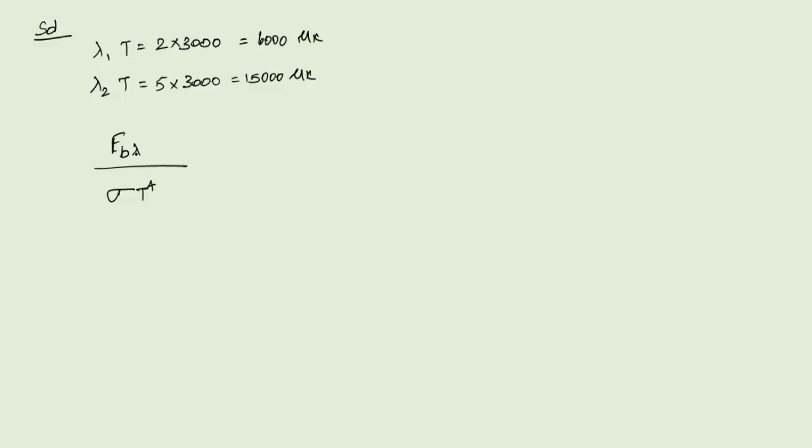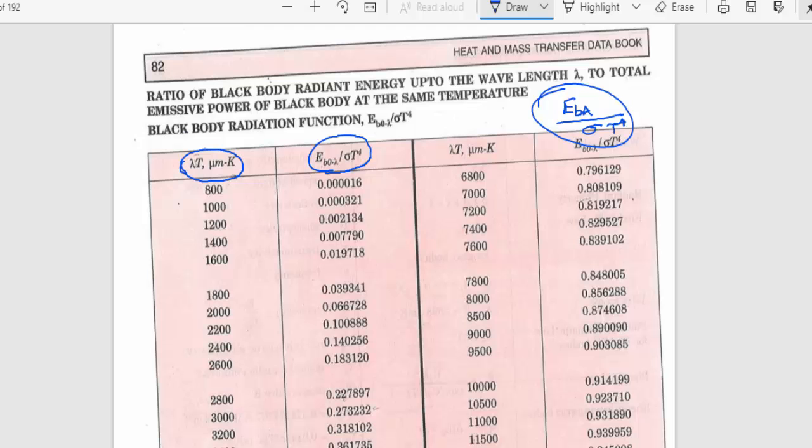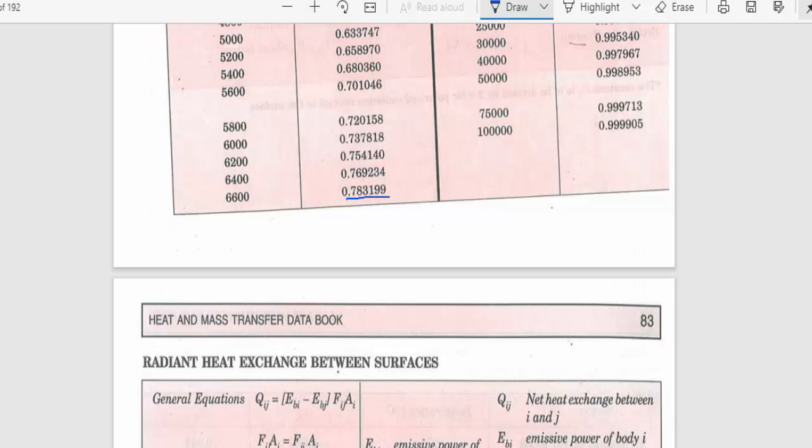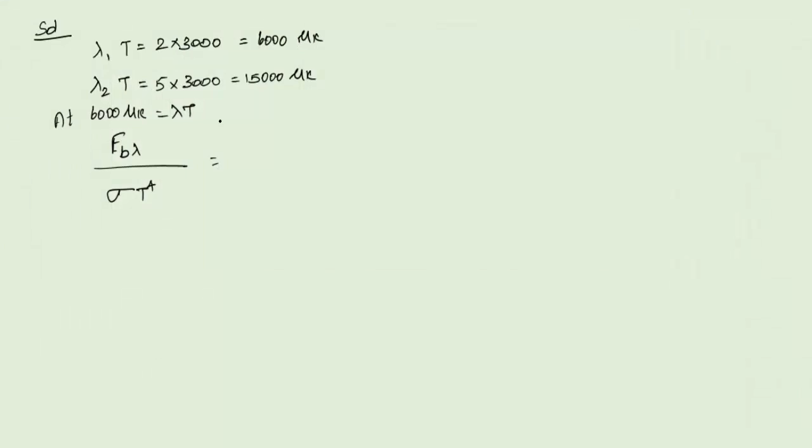So at lambda T equal to 6000 micron Kelvin, from the data book, this value is 0.7378.